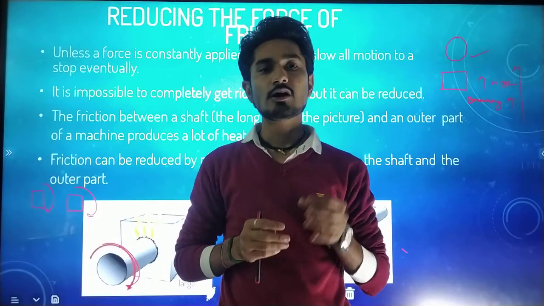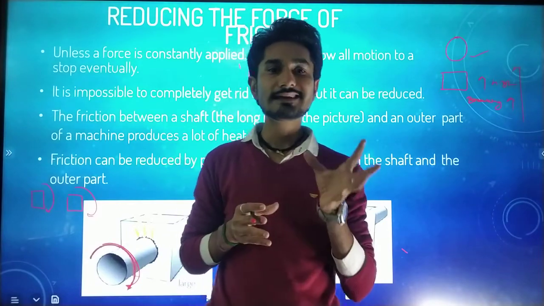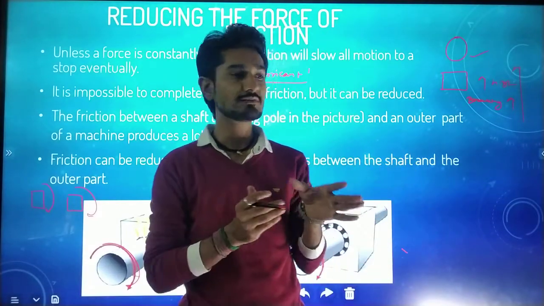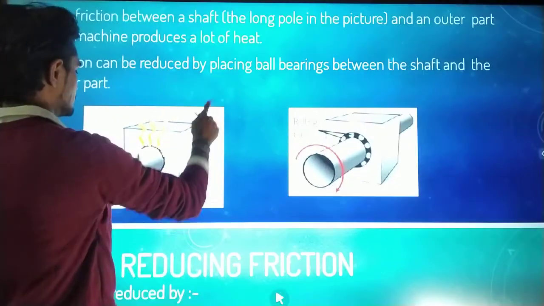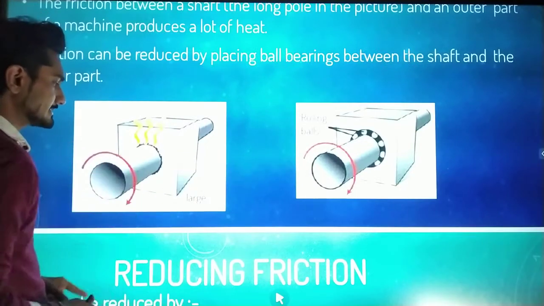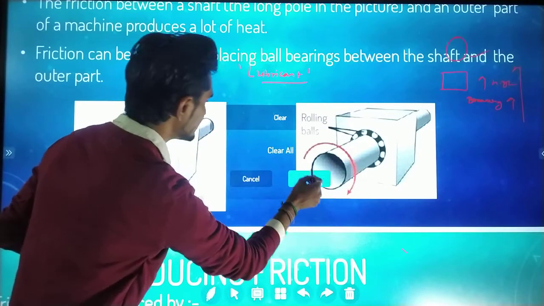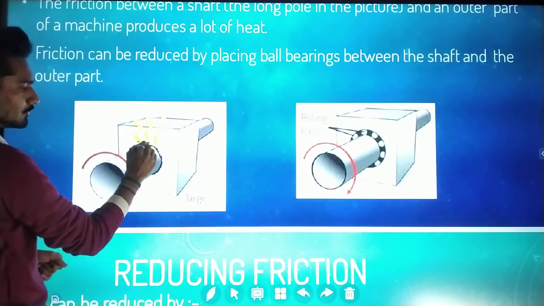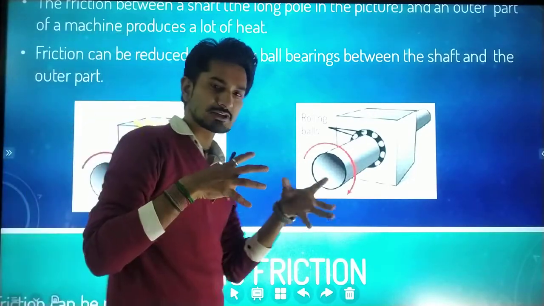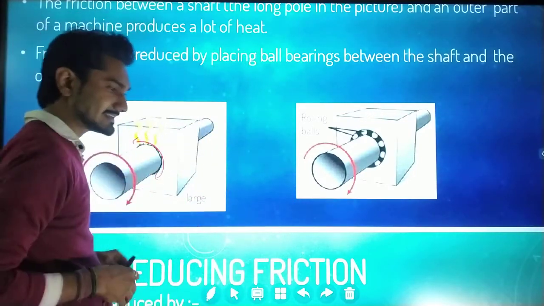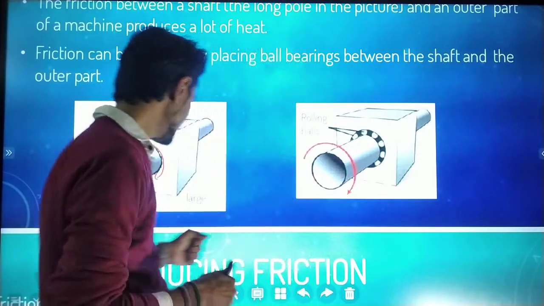As lubricants, what we can apply are oil and grease. Grease is a kind of substance that we put between these rotatory machines. If I put the oil or lubricant here in between the two surfaces that are coming in contact with each other, it will automatically lessen the friction force.